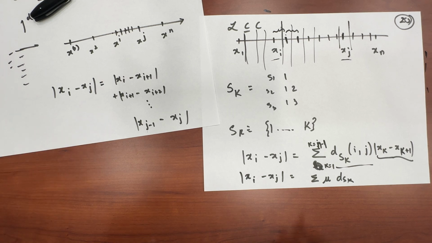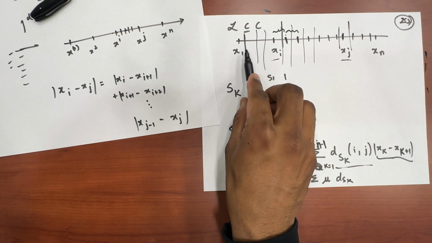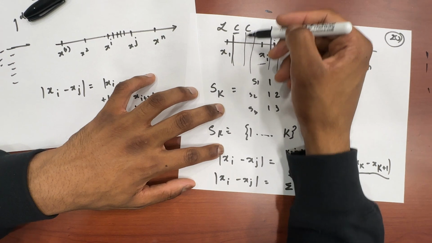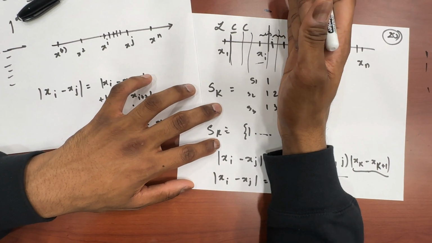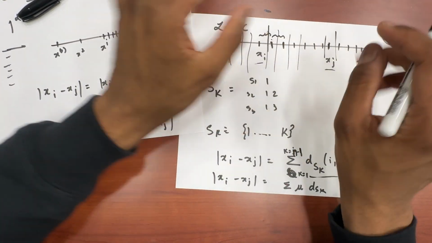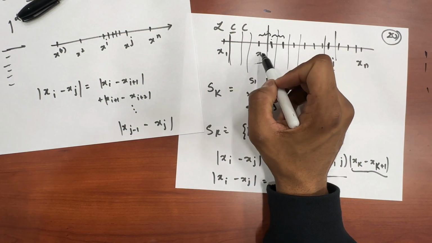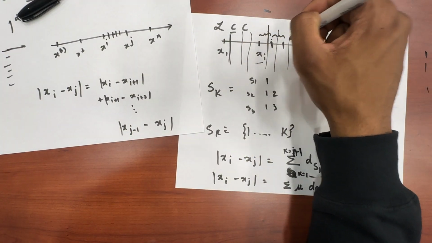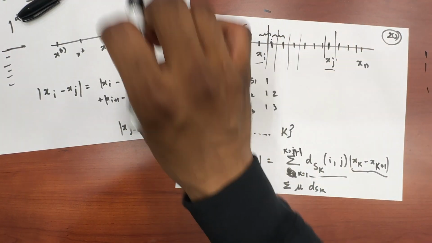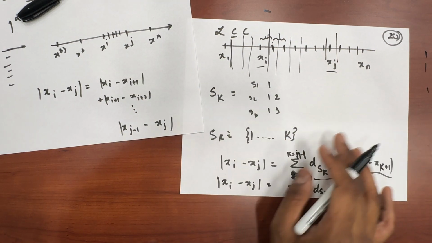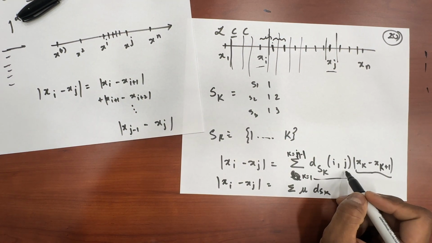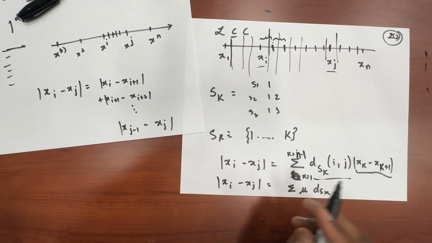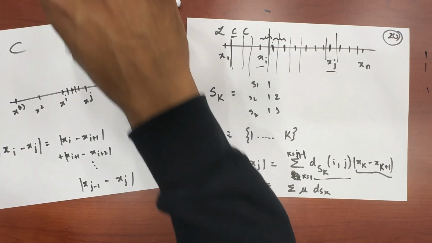I'm not doing a good job at explaining, but the idea is that when we move this cut to here and here and here and start including more and more vertices on this side, I start pulling vertices from here to here. As soon as I pull xi from the right-hand side to the left-hand side, I keep including every distance I move until I pull xj, and after that everything else is irrelevant. So d_{S_k}(i,j) will render 1 when i and j are on opposite sides, times x_k minus x_{k+1}, which is the length of the interval that we have traveled.